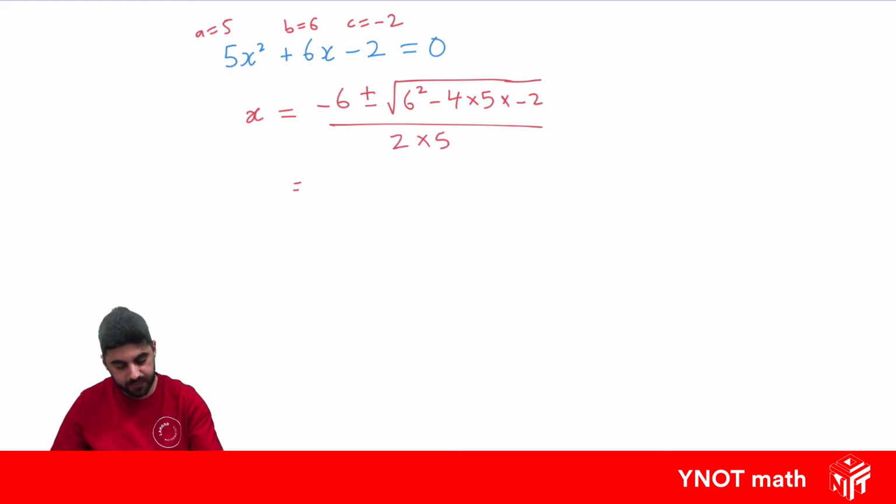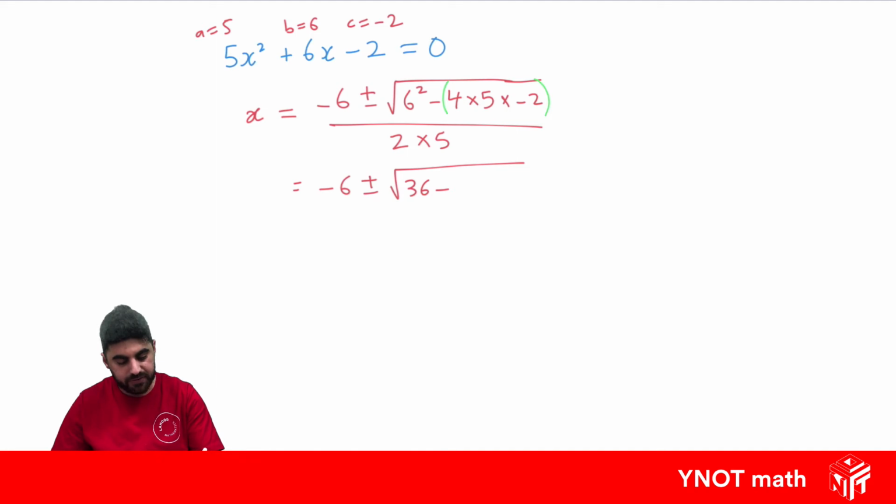So we're going to get minus 6, plus or minus the square root of 6 squared, which is 36, minus, now here I didn't include the minus, I'm going to do everything else multiplied and then minus. So I'm doing all this and then going to minus it all from the end.